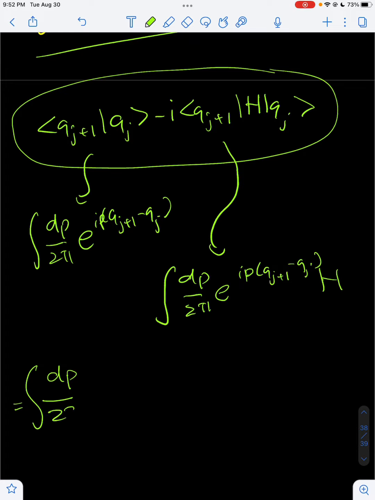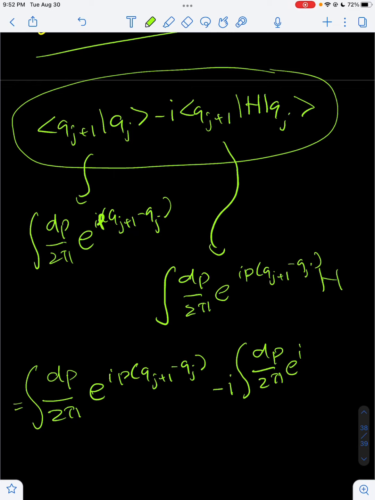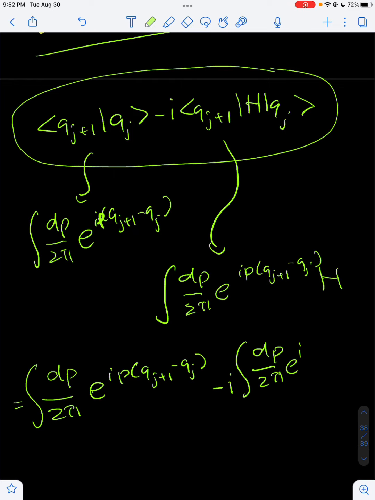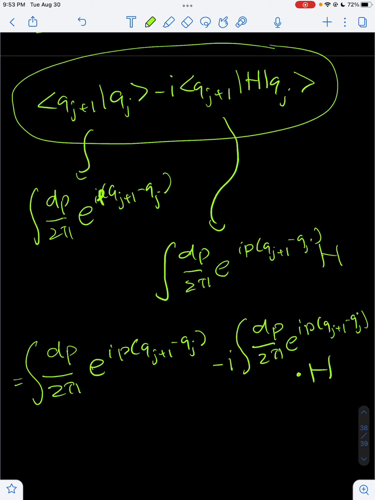Ignore that. Integral dp over 2 pi e to the i, this was p here, by the way, e to the i p (qj plus 1 minus qj) minus i times the integral dp over 2 pi e to the i, running out of space here, I apologize, e to the i times p (qj plus 1 minus qj) times h at the end.